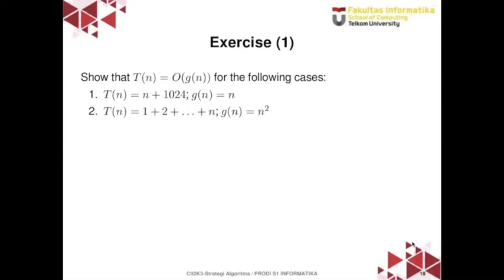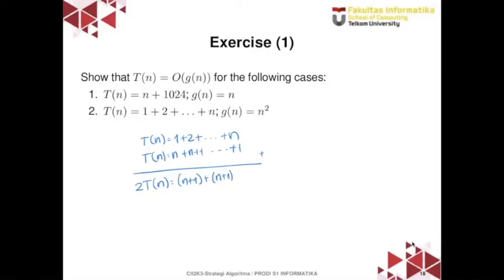The next one, here we have Tn equals 1 plus 2 plus and so on until n. We can also write it backwards, so we have it like this. And if we add them, we have n plus 1, added as many as n times.